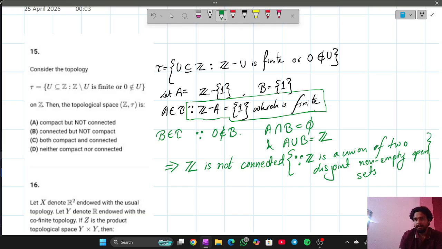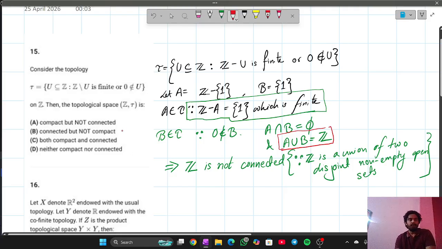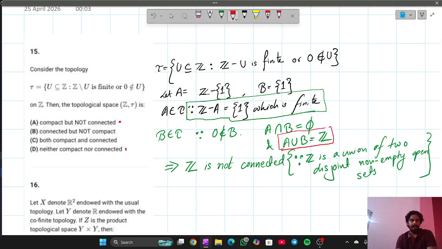Since Z, the set of integers, is the union of A and B, we can say that this set of integers is just a union of two disjoint non-empty open sets. And that is why this integer set is not connected. So here are two options with not connected, that is A and D.